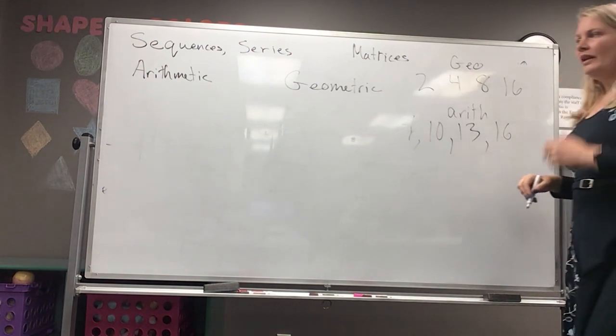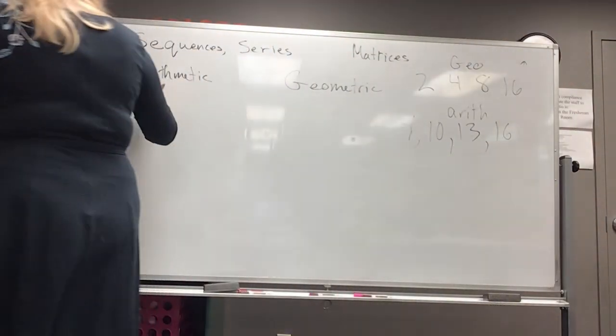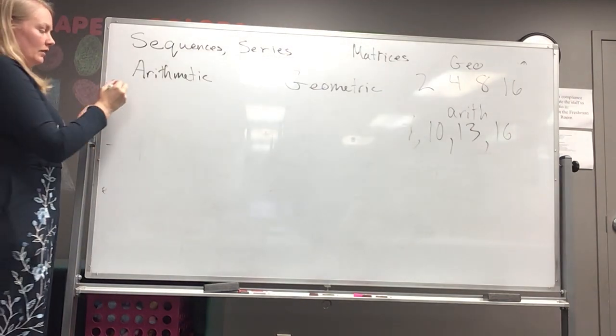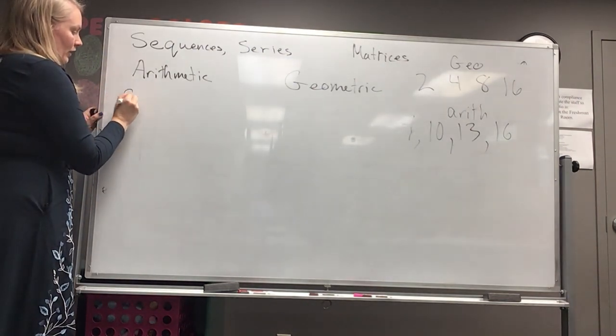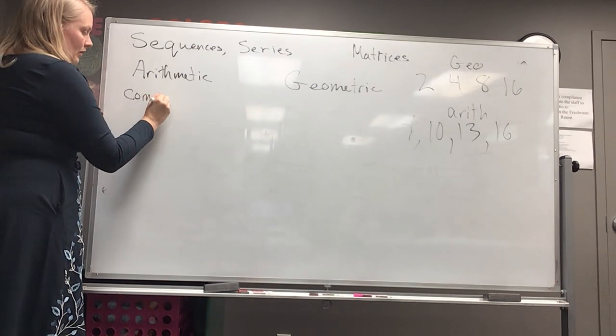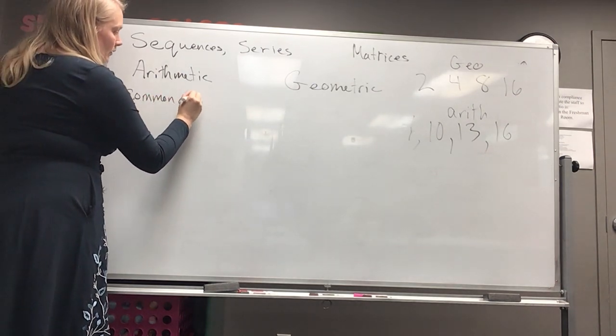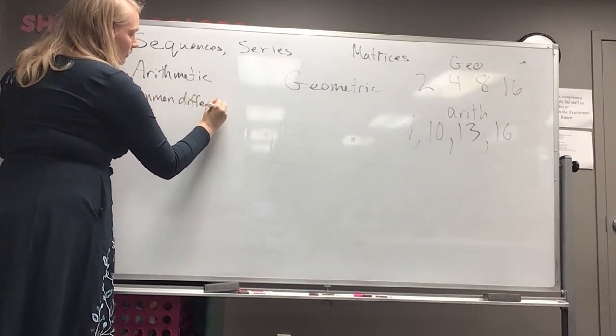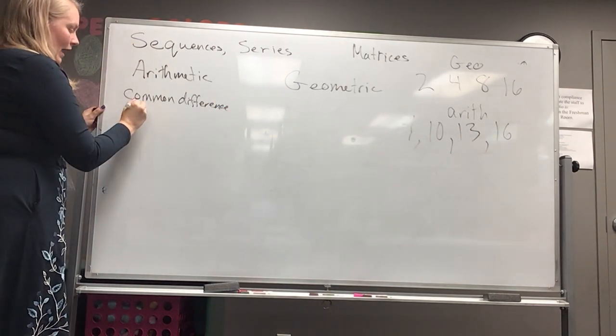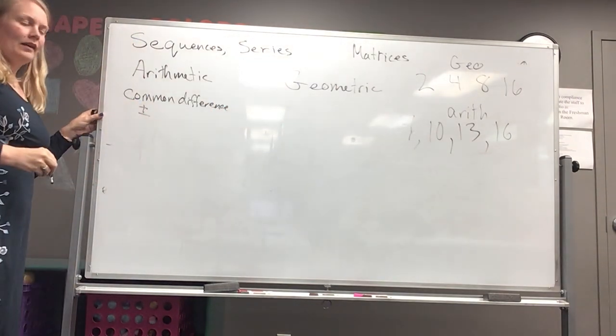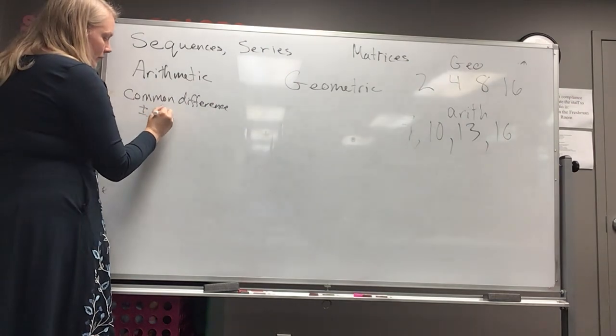So for the arithmetic sequence, what's going on is there's what's called a common difference, which means we are adding or subtracting the same number.